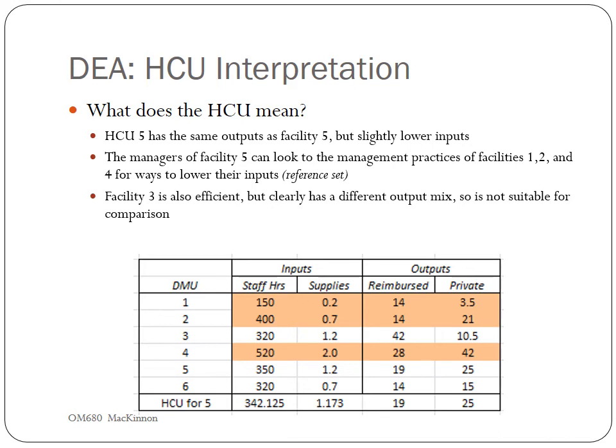So we look to the efficient facilities in our reference set to see what can be done in terms of gaining more efficiency, and we use the HCU to judge whether we can increase our outputs, decrease our inputs, or perhaps both.